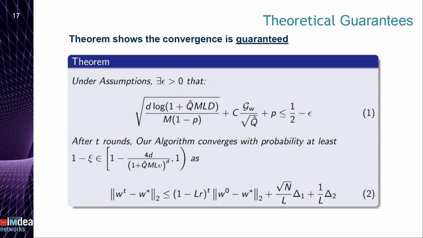Here is our theoretical guarantee about our algorithm. Our major results are a theorem, a corollary, and a formal assumption. You can see here in the theorem, we show that there exists epsilon satisfying equation 1 with this probability.